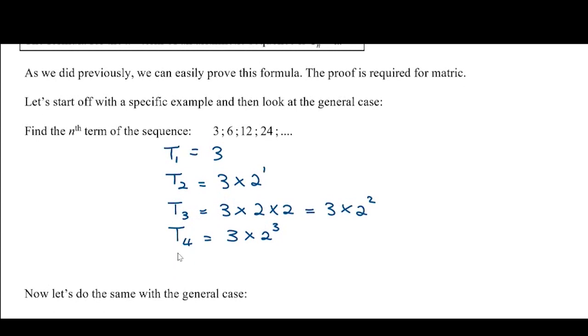And if we just think about it, T20, for example, would be 3 times 2 to the 19. We can see that this power is 1 less than the term number. So generally speaking, for this particular one, Tn would be 3 times n minus 1 2's multiplying together. In other words, 2 to the n minus 1.